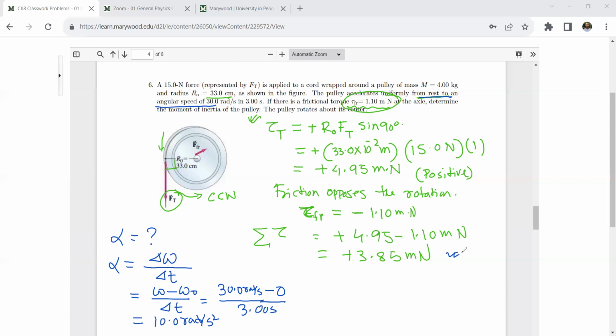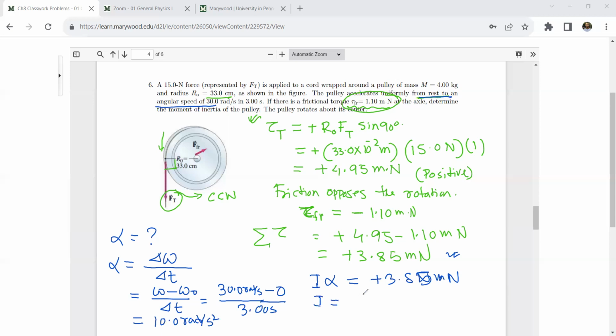Now come back to this equation. Here tau equals I alpha. This is the rotational equivalent of Newton's second law. On the right hand side we have 3.85 meter Newton, and on the left hand side we have I alpha.